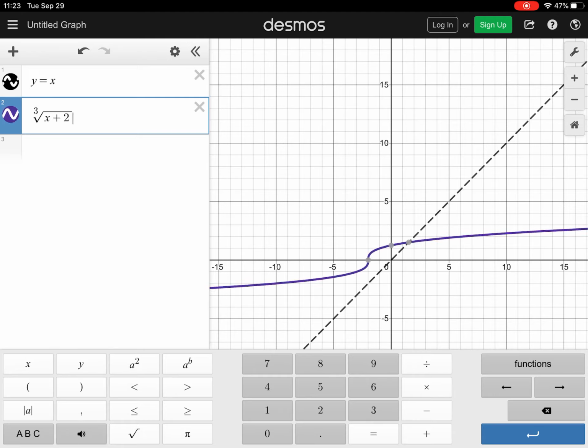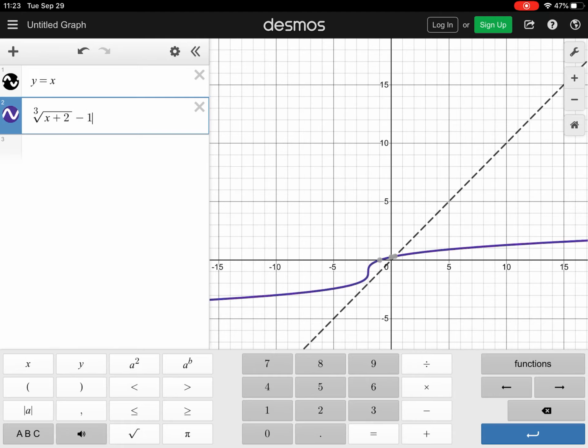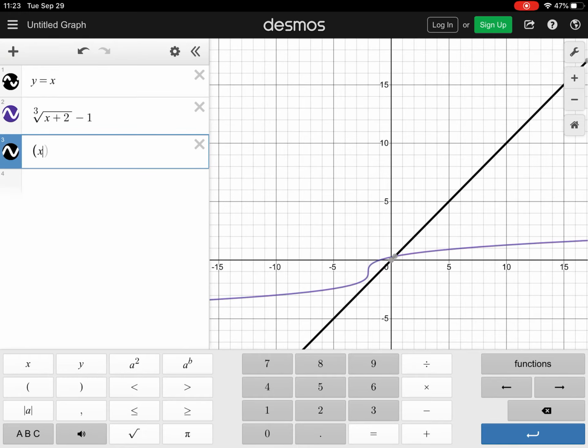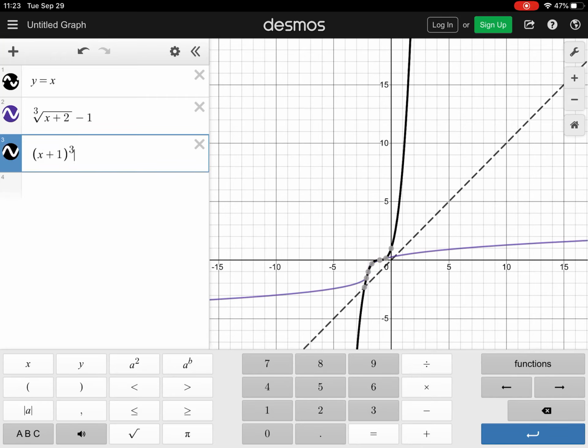There we go. All right, so a 3 there, and then x plus 2 under, and then minus 1 on the outside. Our second function was x plus 1, quantity cubed, minus 2.